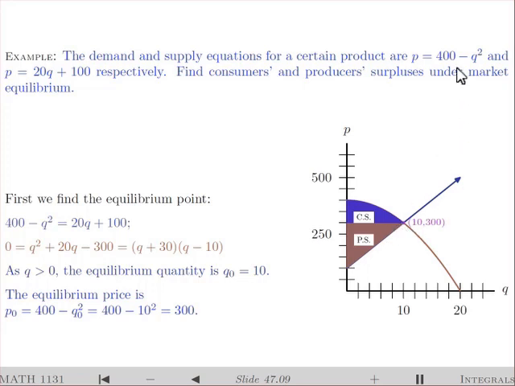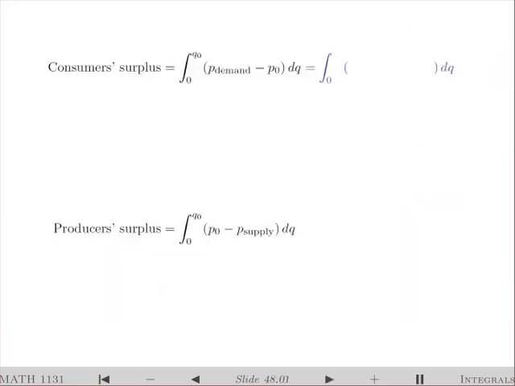Since the equations are given in the form P equals something in Q, for consumer surplus, I would integrate from the left Q, which is 0, to the right Q, which is 10. The top, which is the demand curve, 400 minus Q squared, minus the bottom curve, which is P equals 300. If you use the formula, I would get the same thing. Q naught is 10, demand curve is 400 minus Q squared, the equilibrium price is 300.